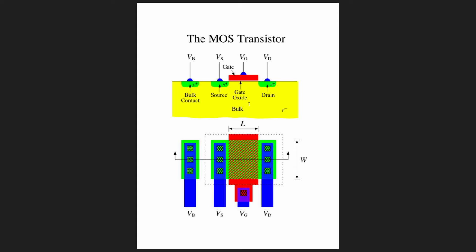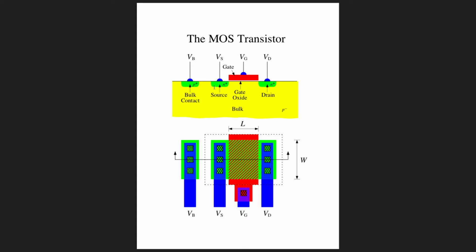Now, in the last segment, we had the bulk contact coming in from behind or from underneath. Here we have it off to the side. Sometimes there is conductive epoxy that connects the semiconducting substrate from the backside to ground, which is typically where the bulk is connected, the most negative power supply, to maintain a reverse bias between the bulk and the source and drain regions.